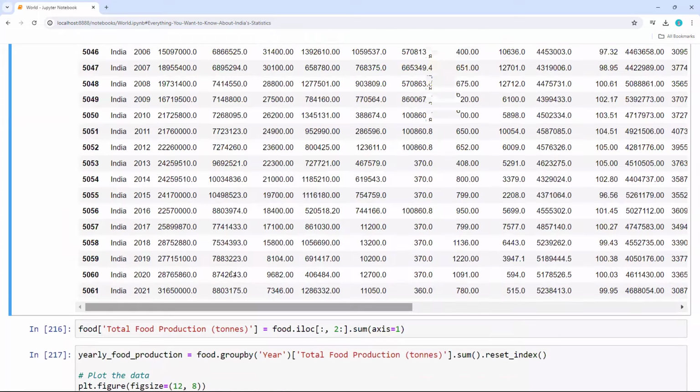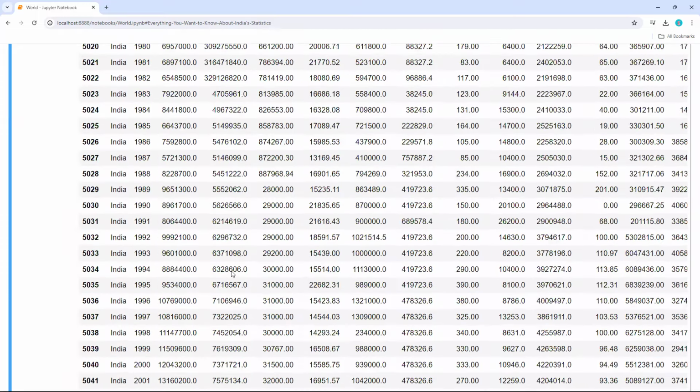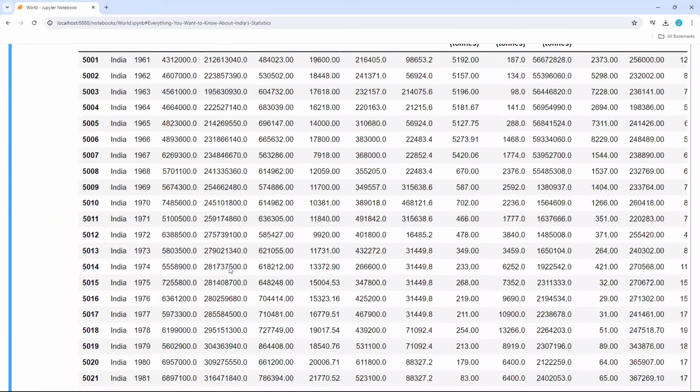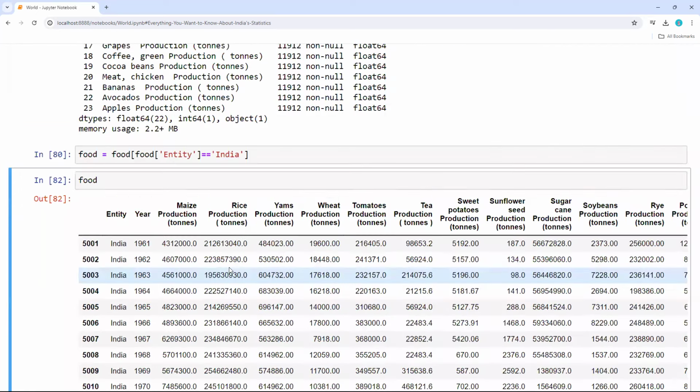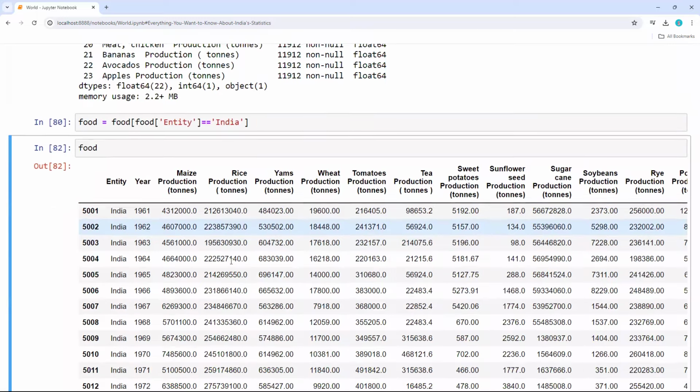If I want to look at the total production, this data set has different foods in tons, but it is a very large data, and I don't want to look at the individual productions. I wanted to see the overall production per year, combining all the food products.